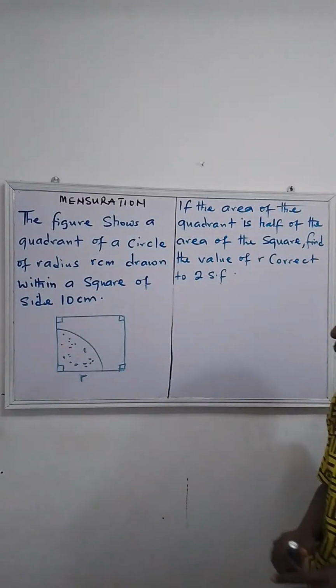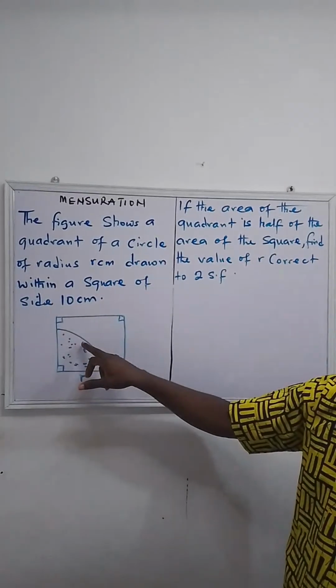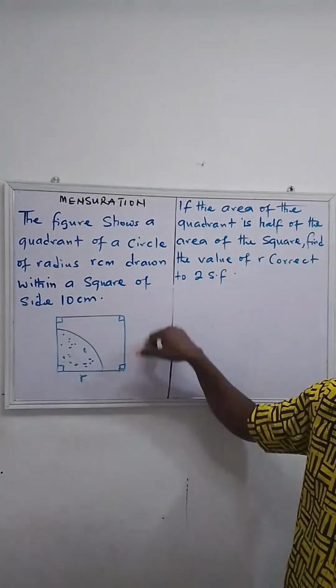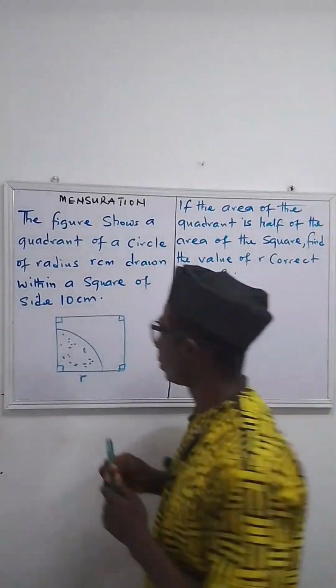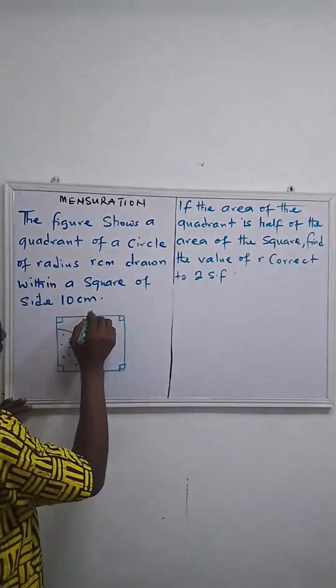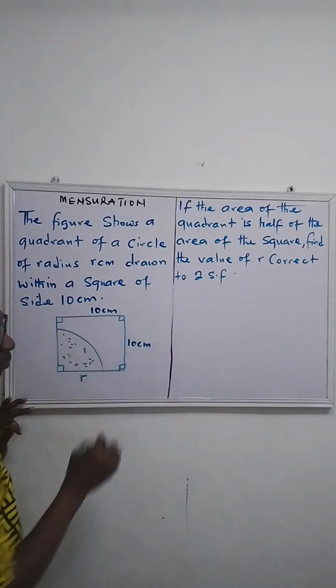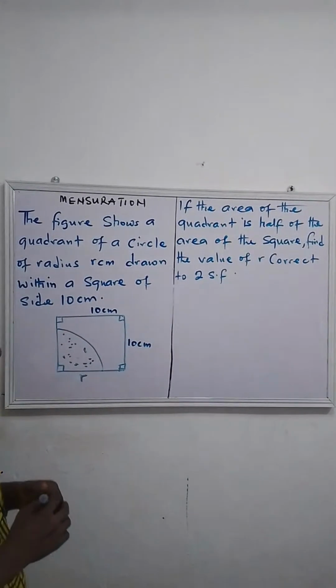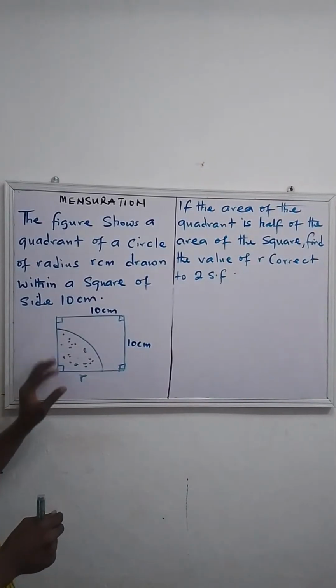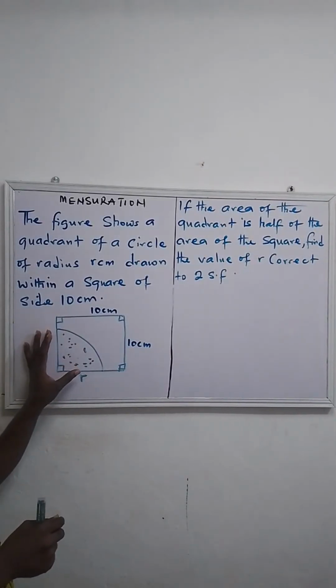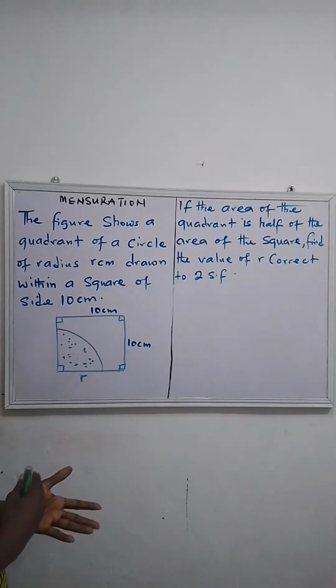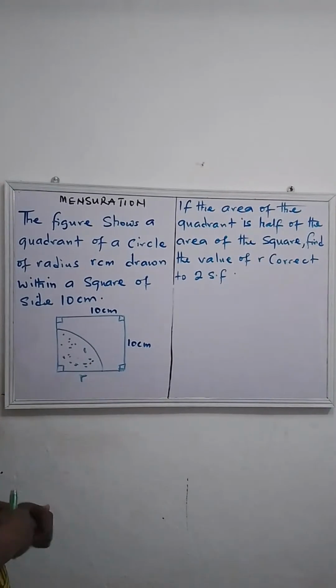All right. So now what we have in the diagram, we have a square here, which dimension is 10 centimeter by 10 centimeter. Okay. So now a quadrant is just a quarter of a whole circle, right?